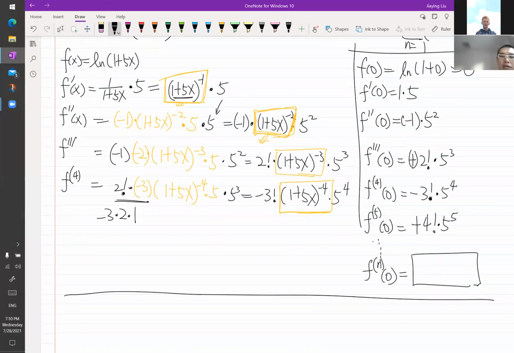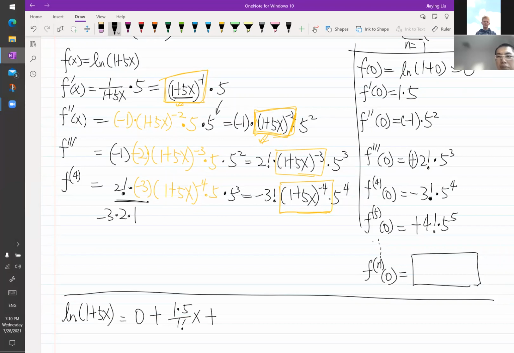So let me write down the long way, which is the Maclaurin series expanded. So we get natural log 1 plus 5x. That will become, the first term is 0, plus the first derivative, which is 1 times 5 over 1 factorial times x.